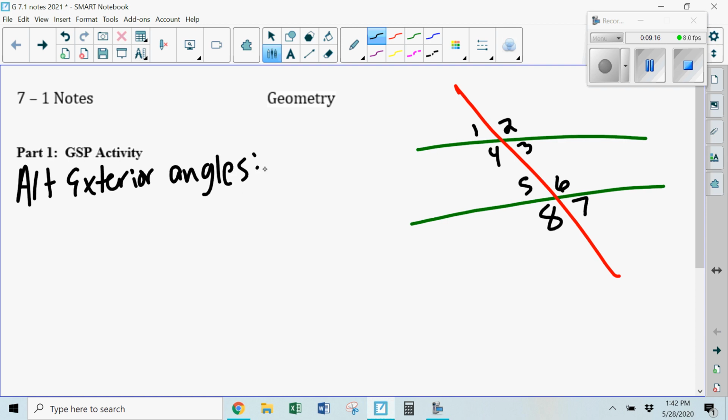Alternate exterior means outside. Remember, inside is like the river. So outside, angle 1 and alternating to the other side of the red line will be angle 7. Also 2 and 8 are alternate exterior. So there's another pair with that same name.